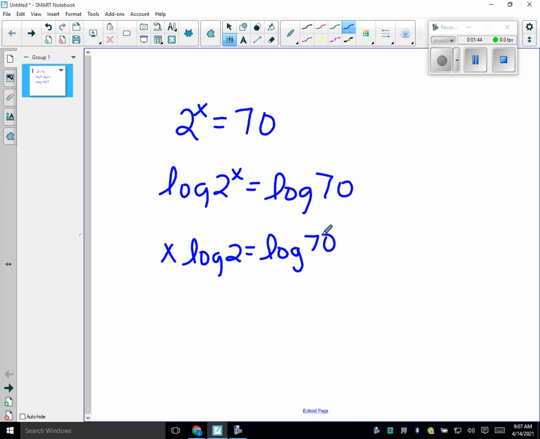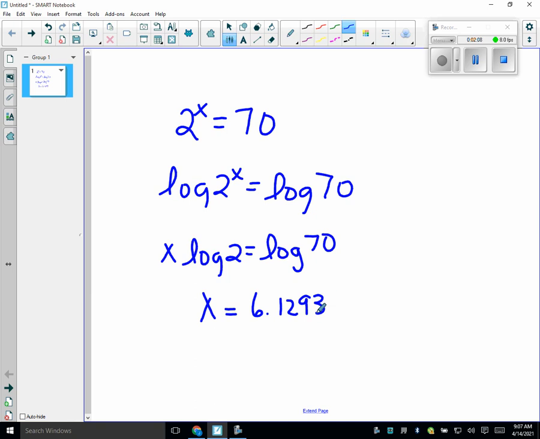Right? So what does x equal? And I want this to 4 decimal places. 6.1293.